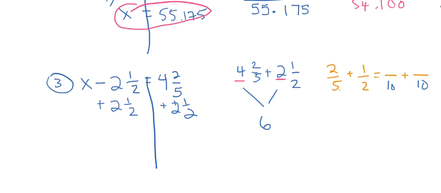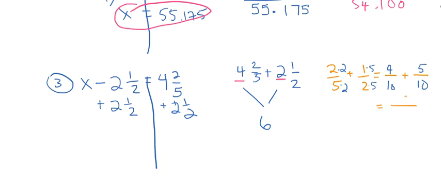What are you multiplying 5 by to get to 10? You're multiplying by 2. So you have to do the same thing to the top. 2 times 2 is 4. What are you multiplying 2 by to get to 10? 5. So you have to do the same thing to the top, and you get 5. Now the last step: when you're adding fractions, you only add the numerators.